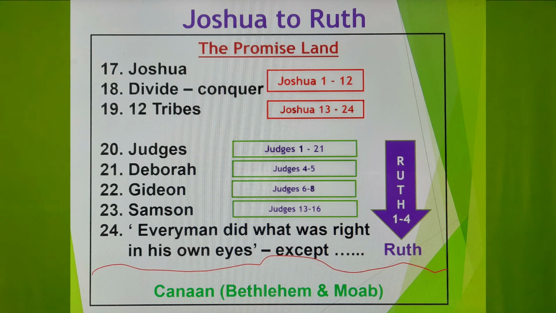Then in the next half, chapters 13 to 24, after conquering the promised land, Joshua divides the land for the 12 tribes, from here to there for this tribe, and from there to there for that one. The promised land is divided for the people.